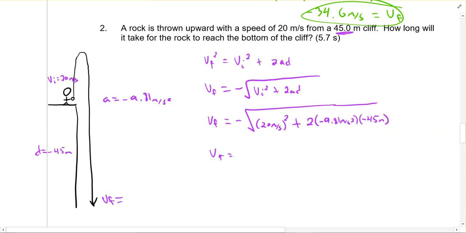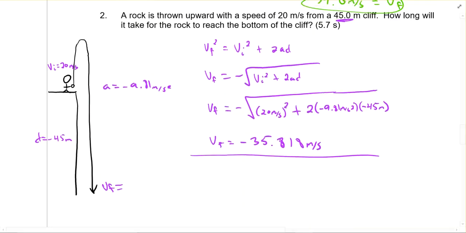So VF is going to be equal to negative 35.818 meters per second. I'm leaving the decimals kind of long because this isn't my final answer. Maybe I'll write part 1 up here. Part 1.